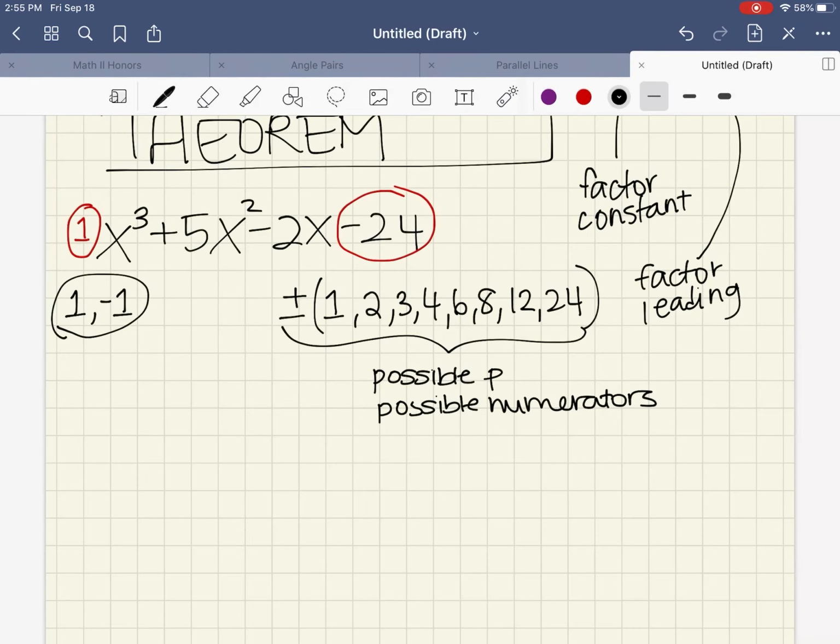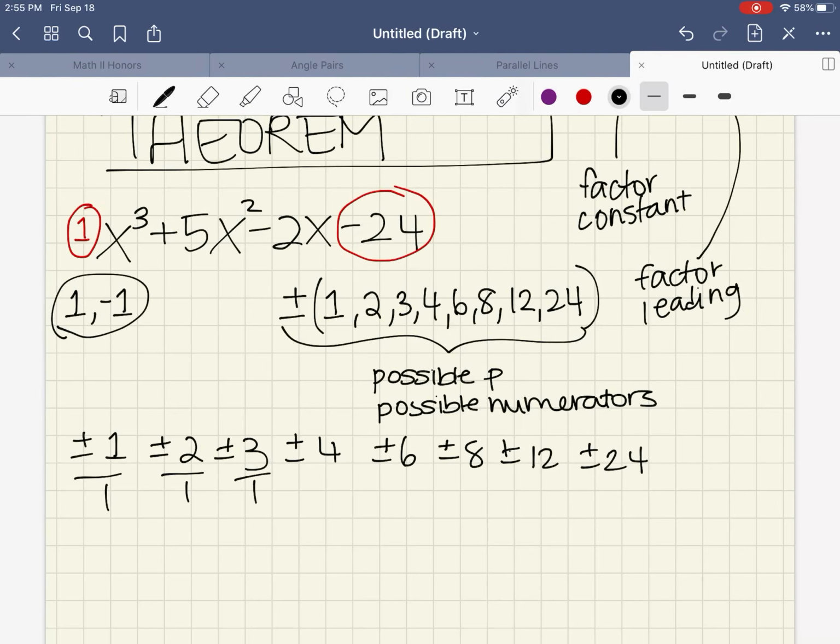So, for example, you would have 1, 2, 3, 4, 6, 8, 12, 24, and all of these are plus or minus. One of these is going to be your solution. All of these are technically over 1. We won't worry about writing the 1 for now, just because it's the same thing as writing it without it.